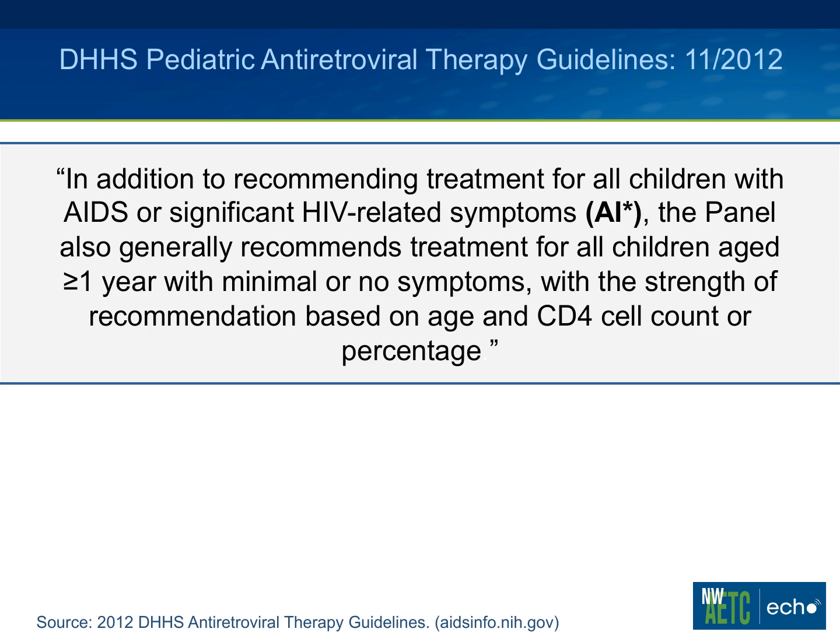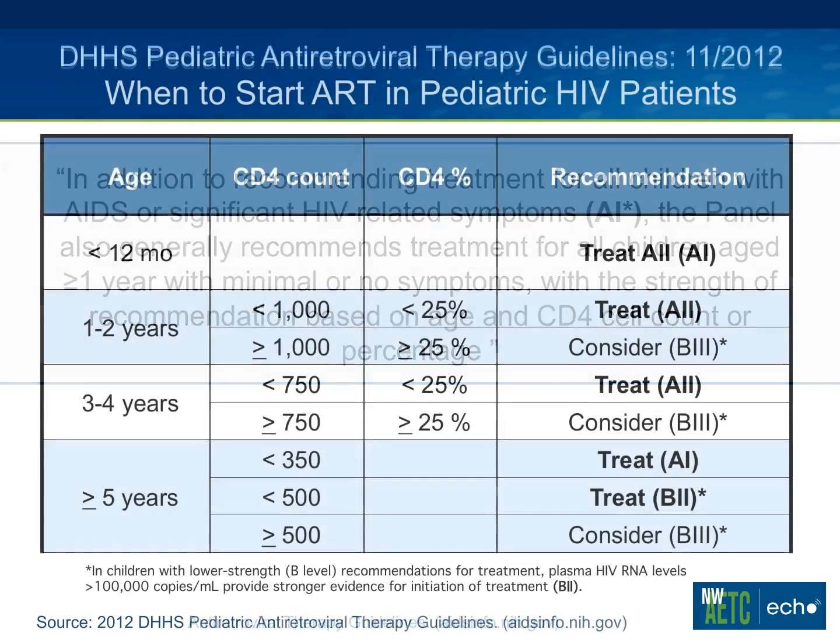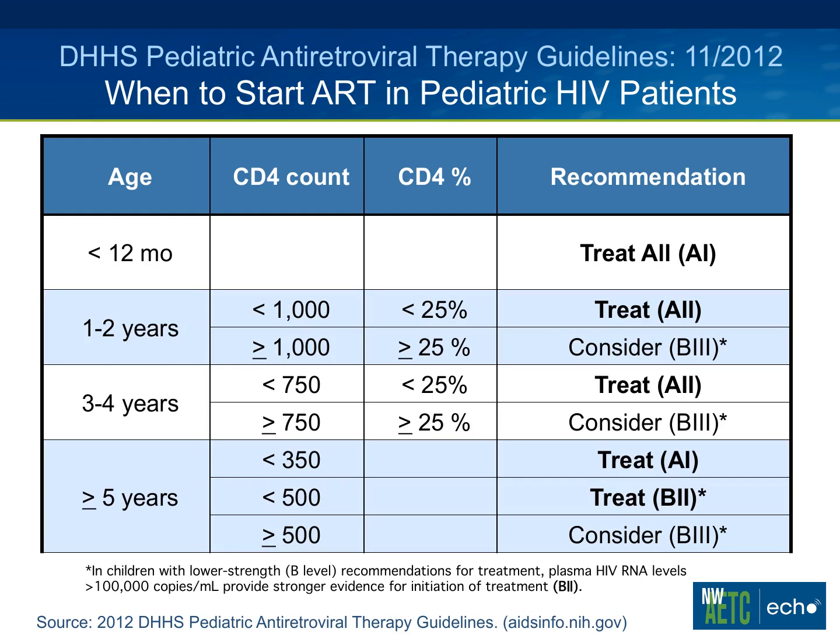The statement goes like this: in addition to recommending treatment for all children with AIDS or significant HIV-related symptoms, which is an A1 level recommendation based on that virologic paper I told you about, the panel also generally recommends treatment for all children aged greater than a year with minimal or no symptoms, with the strength of recommendation based on age and CD4 cell count or percentage. And again, this is a direct nod to the adult guidelines, saying that yes, there is extrapolated data from adult populations that the right thing to do is to treat everybody, and it's now a question of how good the evidence is.